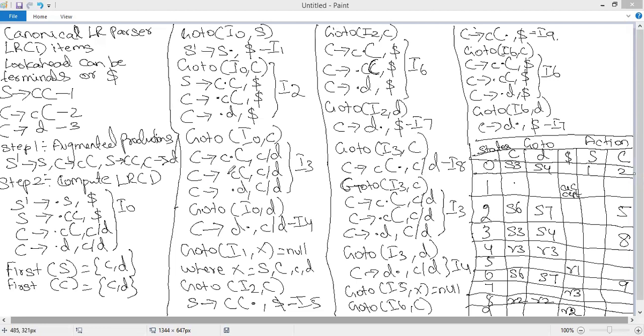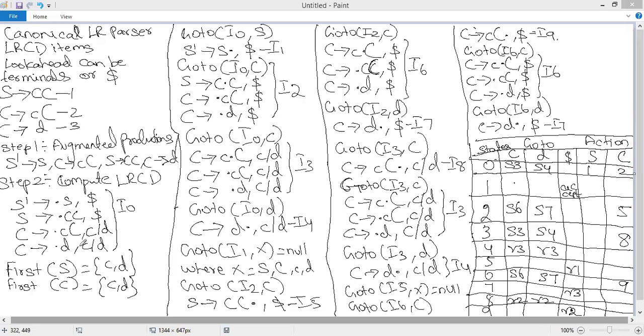Non-terminal C tends to dot terminal C non-terminal C, slash C comma D. How the C comma D came is, go to your parent production rule. Now the dot is here. When you move this dot here, what is the next position? No symbol is there. So the look ahead for the parent production is C comma D, so that will be included here. The same thing applies to C tends to dot D comma C comma D. So this is the new production rule. That's why it's mentioned as I3.